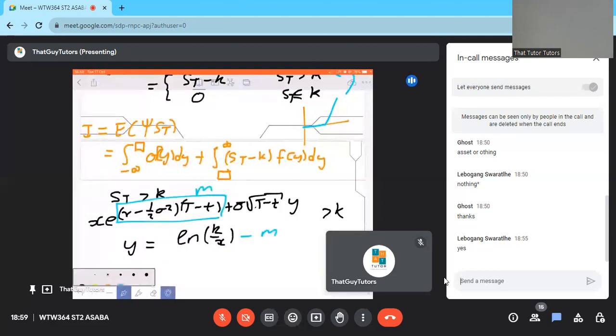Oh, sorry, what's in front of f of y? f of y is the y. Which f of y? Okay, the orange is the first part of the integral from negative infinity to the block. Oh, okay. It is still y. I'm not sure if I understand your question. Oh, it's 0.